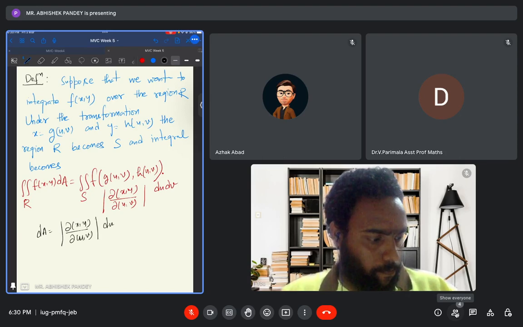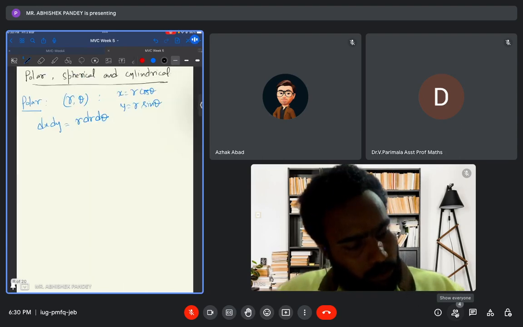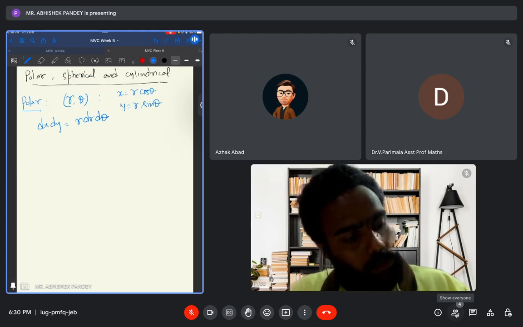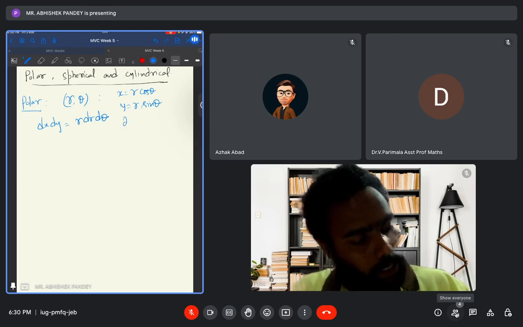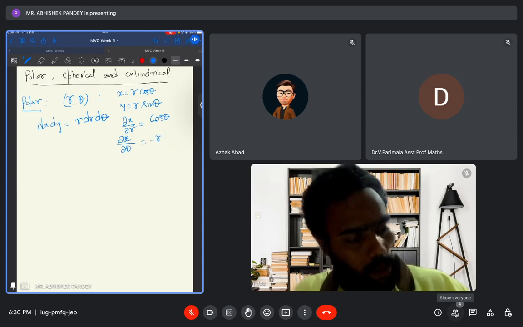Okay, so here also, once you have x equals r cos theta, y equals r sin theta, del x by del r is cos theta, del x by del theta is minus r sin theta.